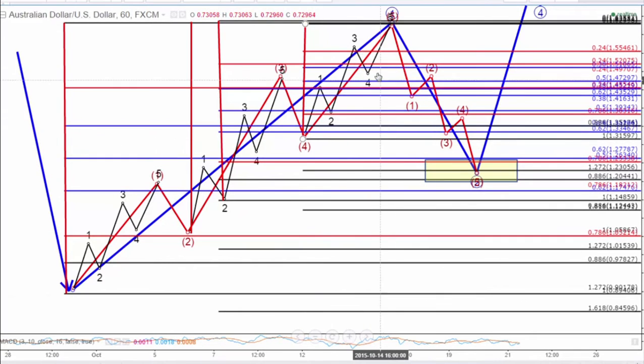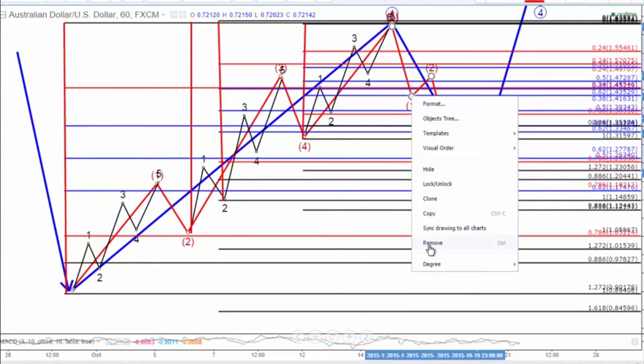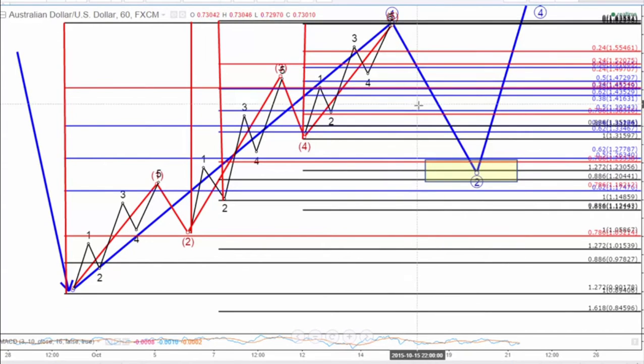When the markets form these patterns, you may get a big retracement like this, or something like this. It all depends how they come off the high. You may get something where the market wants to do a corrective wave, and I'll show you what we mean.